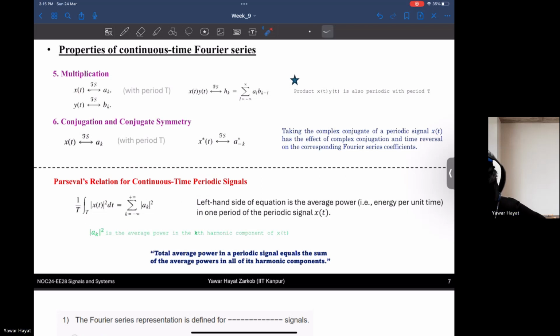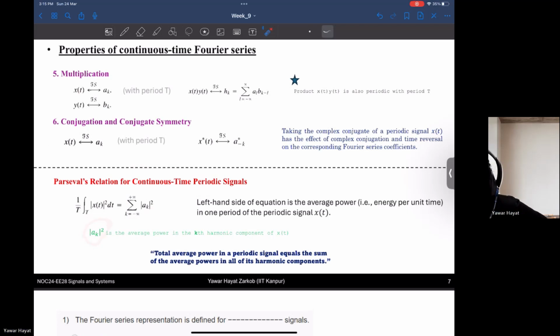This is equal to the summation, k varies from minus infinity to plus infinity, of modulus of ak squared.